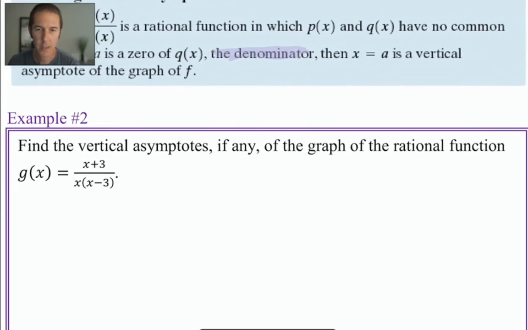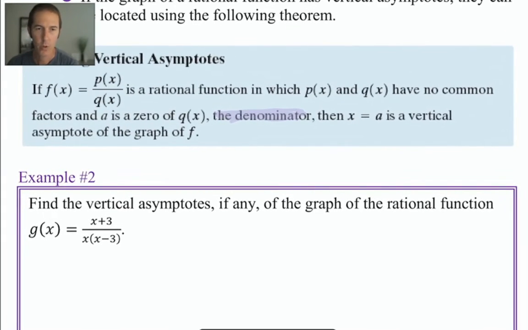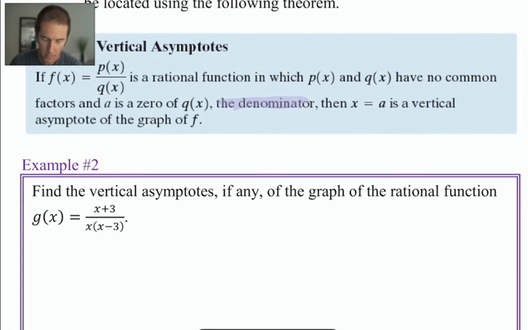Always nice to see it with an actual problem, where we can use some real numbers. What x values would cause our denominator, q of x, to equal 0? Well, I think that an x value of 0 or an x value of positive 3 would cause the denominator to equal 0.